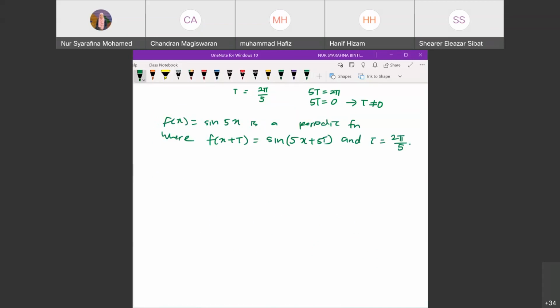Okay, so this is how we can prove whether a function is a periodic function or not.